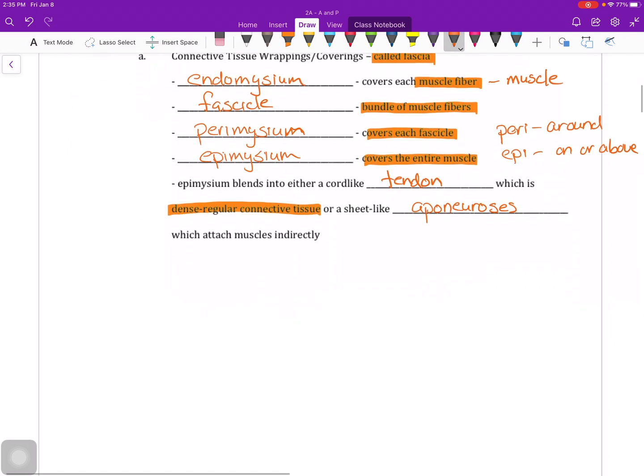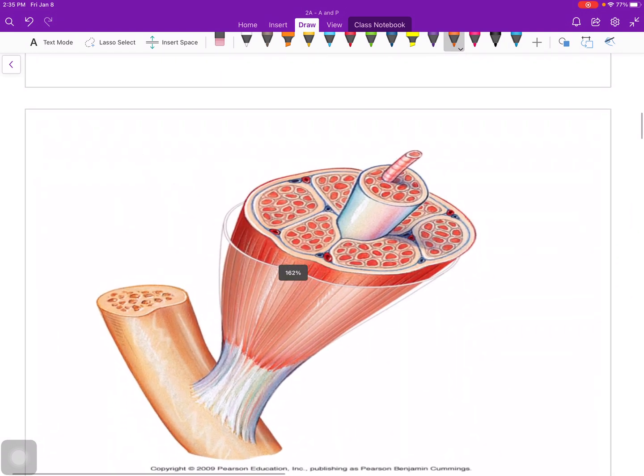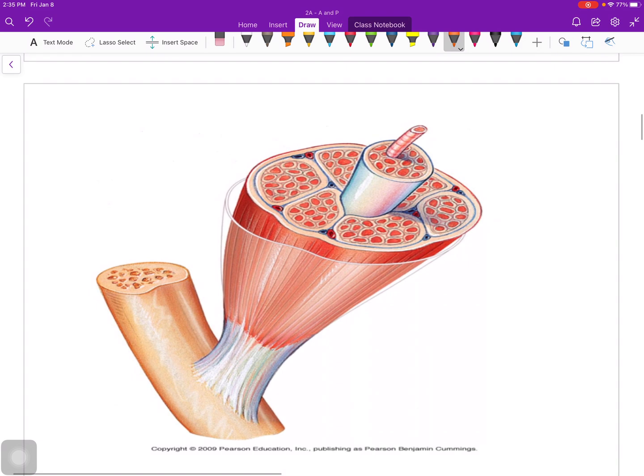So let's take a look then, and we're going to do some labeling here together, and then you're going to do some more labeling for me later on. This right here is a muscle fiber, meaning it's an individual muscle cell. Now the covering around this is called the endomysium. This entire entity right here is known as a fascicle.